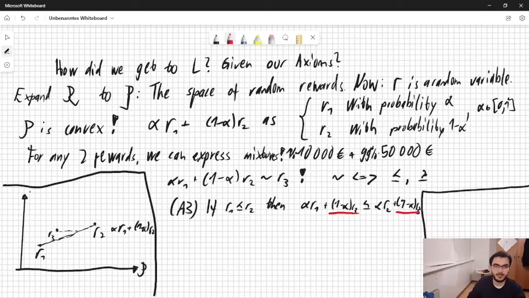I know that here's a drawing where R3 is between these two, but R3 doesn't have to be between these two, it can be any value. No matter what value we add here, we still have that R2 is preferable over R1. If you first look at it, it makes sense. The fact that there can be some alternative which could happen shouldn't stop us from comparing these results the same way we compared them before.